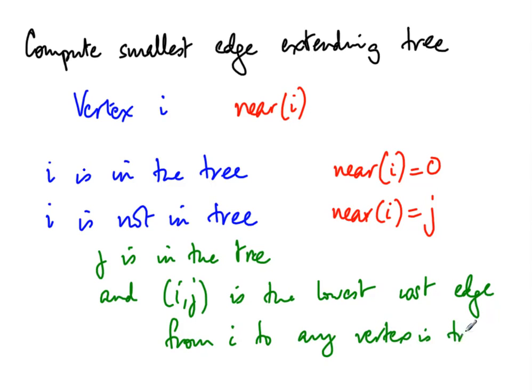In other words, I can be connected to this tree in possibly many different ways, but the best way to connect I to this tree is to use the edge ij, because among all the ways that I can be connected to the tree, ij is the smallest edge.